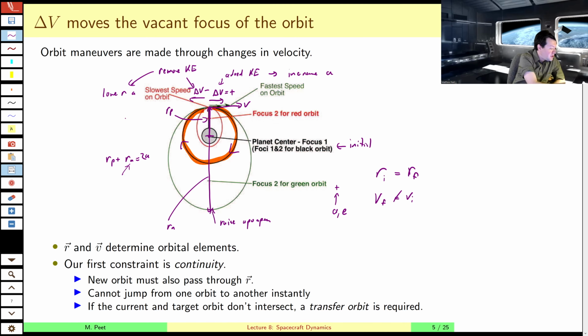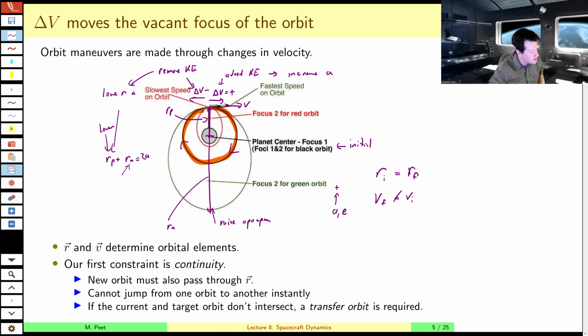And therefore, we are going to, well, lower the apoapse, but we were initially in a circular orbit. So actually, what happens is that our initial point becomes the apoapse, and we're actually lowering the periapse. So we lower the periapse. Again, this is just a simple illustration of the basic things that happen when you add velocity or subtract velocity from your initial orbit.